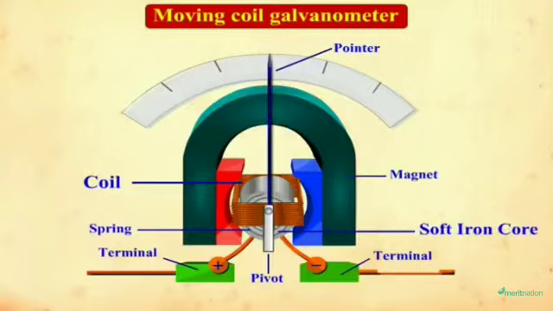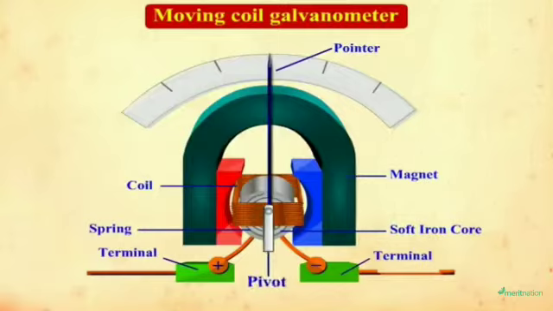On your screen, can you see the basic construction of a moving coil galvanometer? It consists of a permanent magnet and a coil wound around a soft iron core. The axis of the core is fixed and attached to a pivot, in turn attached to a pointer and a spring. In order to use the galvanometer, it is attached, as you can see, in the circuit.